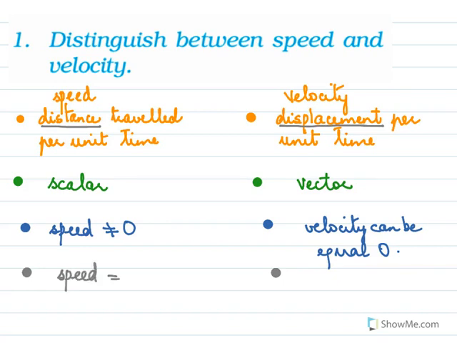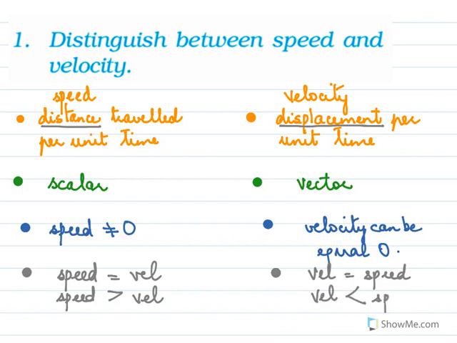Speed can be equal to velocity, or speed will be greater than velocity. But velocity can be equal to speed, or velocity will be less than speed. It is never greater than speed. Velocity greater than speed never happens.